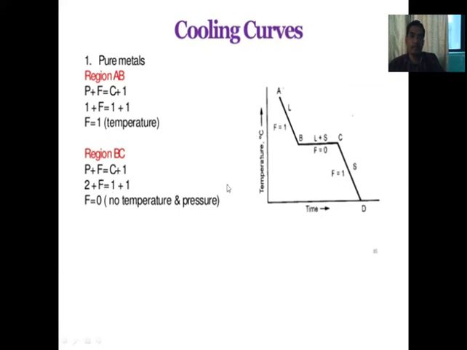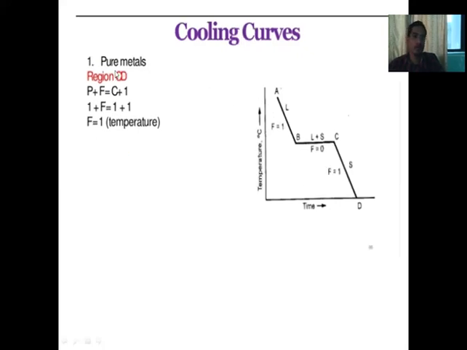Here F is equal to 0, meaning there is no change in the temperature and no change in the concentration. So the temperature remains constant, and only the phase changes from liquid to solid. The amount of liquid reduces and the amount of solid increases in this region B to C.